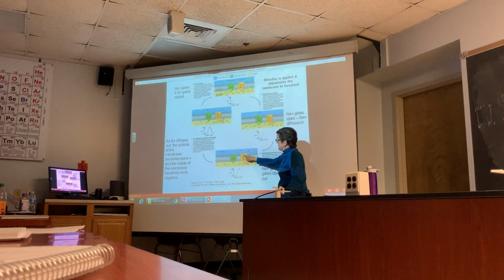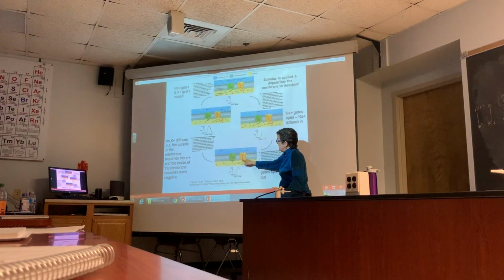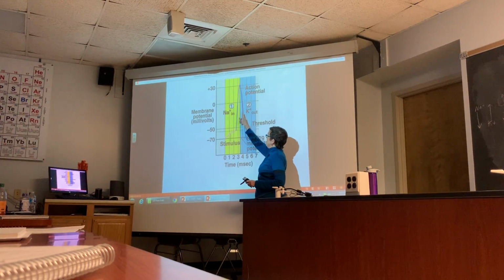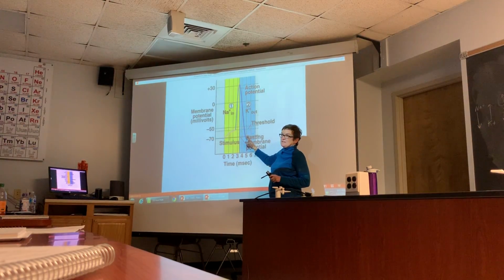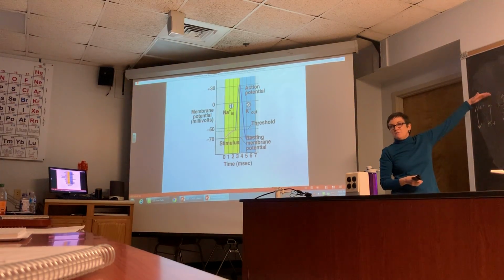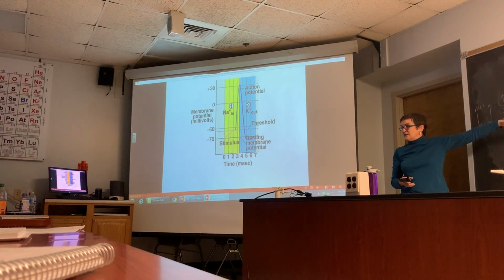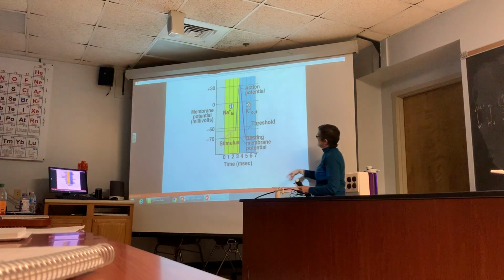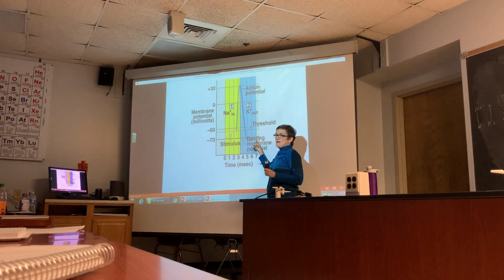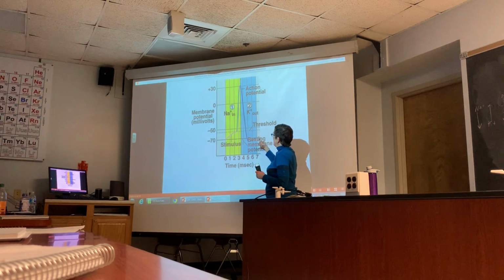Now potassium flows out, and as potassium flows out, the line goes back down, because now you've got those positive charges going back out again, making it more negative on the inside. So eventually it's going to go back down to its normal resting membrane potential, -70.